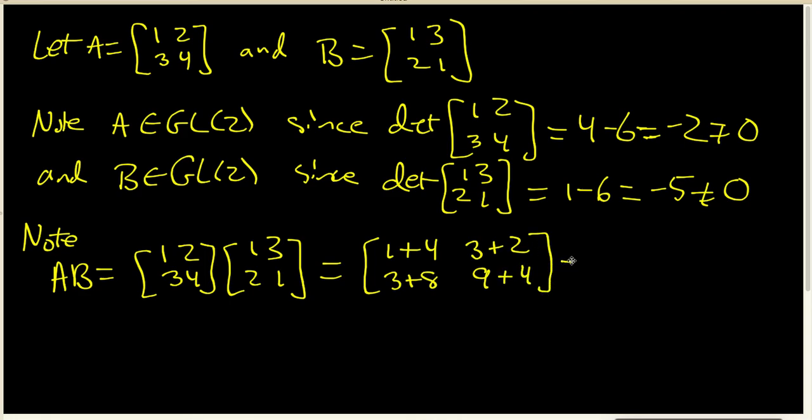So this matrix looks like it is 5, 5, 11, 13. Let me clean up my notation there because that's a little bit ambiguous.